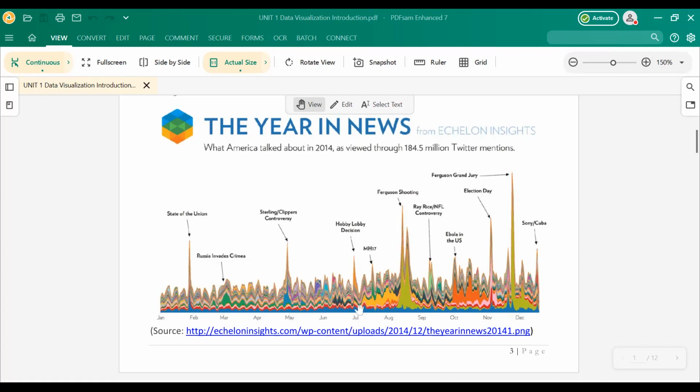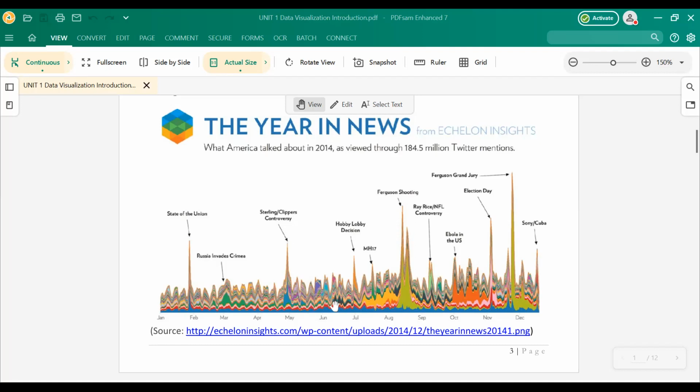So the way you have laid it down from Jan to December, you cannot say Jan, May, then April, then Feb. So what happens then? It will be very difficult for people to see. The graph will be correct in that case also, right? But it will be difficult for people to understand, okay? Because now when you look at it, you know that Sony Cuba was the last topic of the year that was trending.